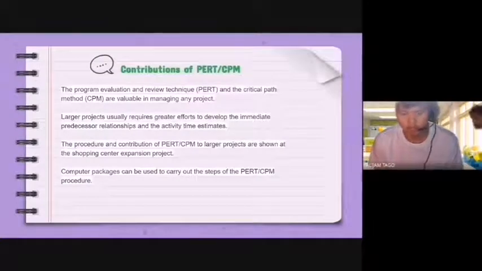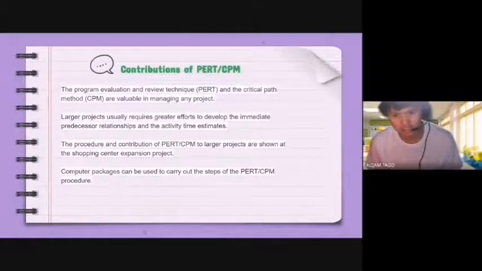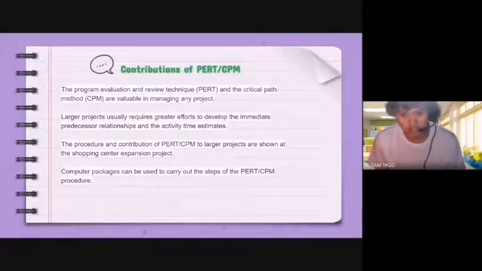Therefore, the program evaluation and review technique and the critical path method are valuable in managing any project due to the procedure they give. Larger projects usually require greater effort to develop the immediate predecessor relationships and the activity time estimates. This is due to the fact that larger projects usually have more activities in order to complete those projects.